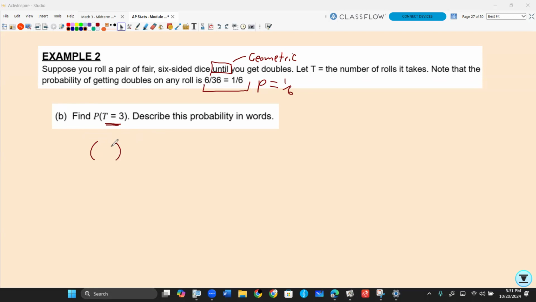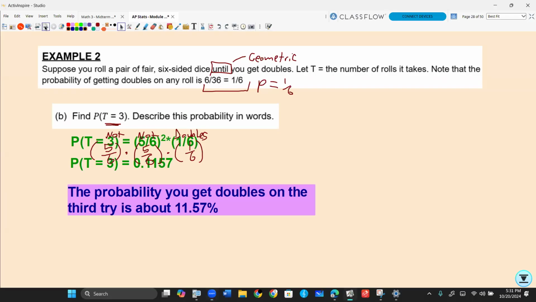So it's going to be not doubles, and then it's going to be doubles. So not's going to be, since doubles is 1 out of 6, not's going to be 5 out of 6 times 5 out of 6. And then doubles is just going to be 1 out of 6. So literally, you're just going to do 5/6 times 5/6 times 1/6, and you'll be done with it. So that really is just the probability of getting doubles on the third attempt.